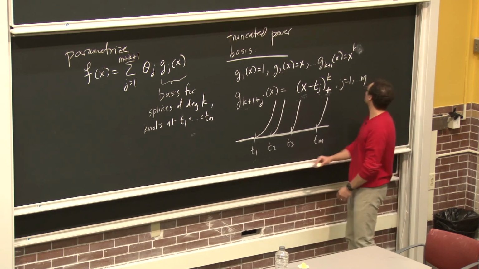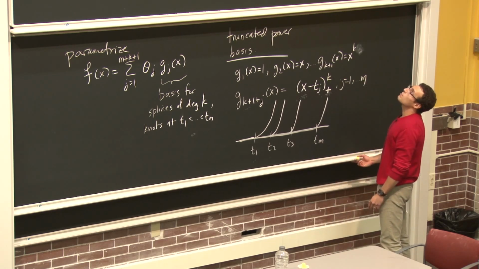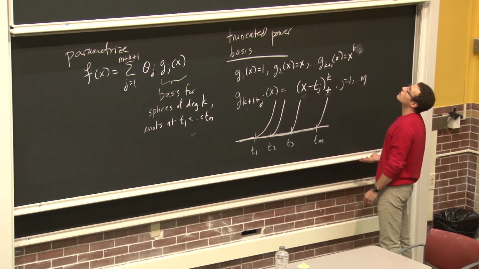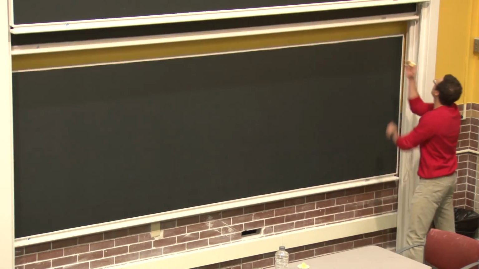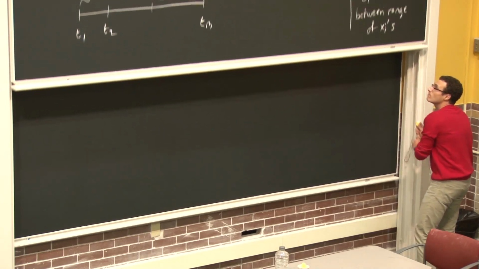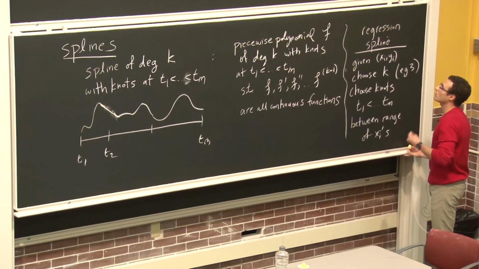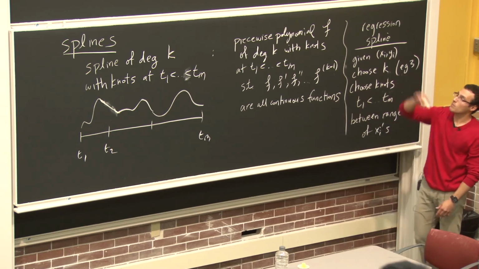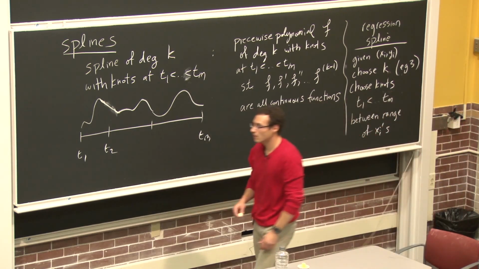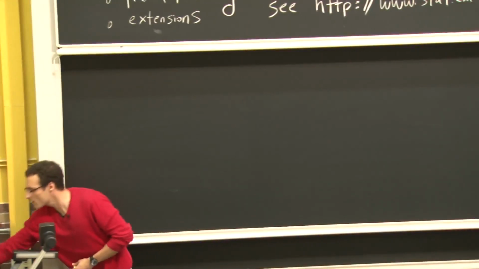OK, so now let's get practical. Let's go back to regression splines. The first step is that I choose k and choose the knots. I parameterize f according to that form, where those are the truncated power basis functions.